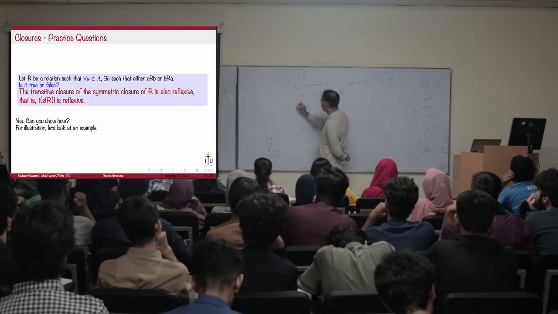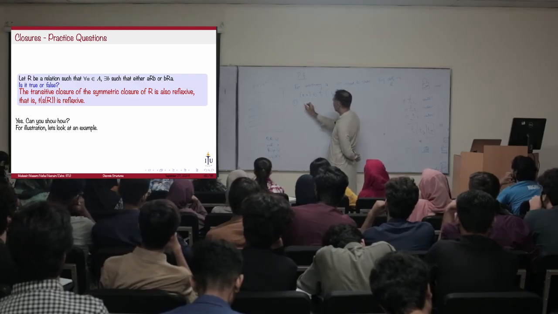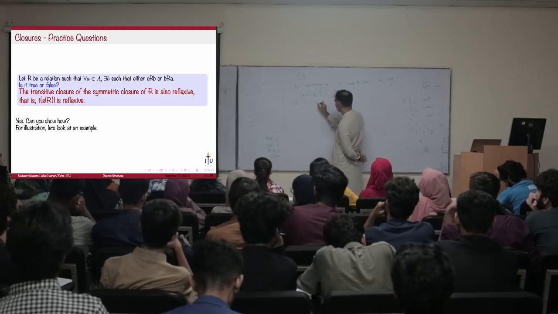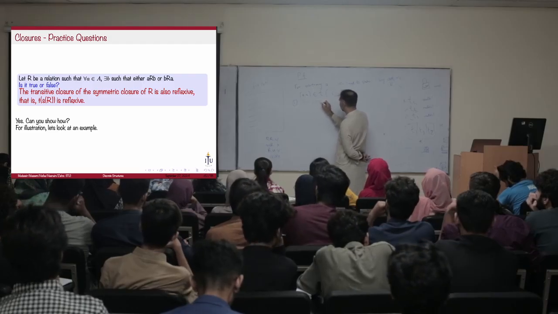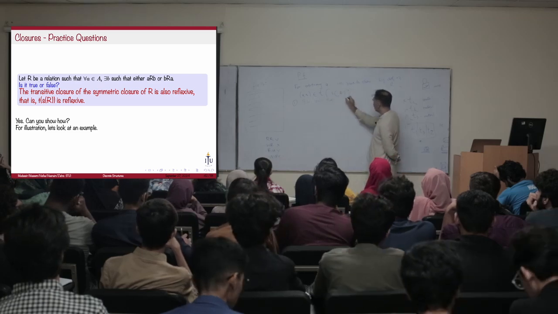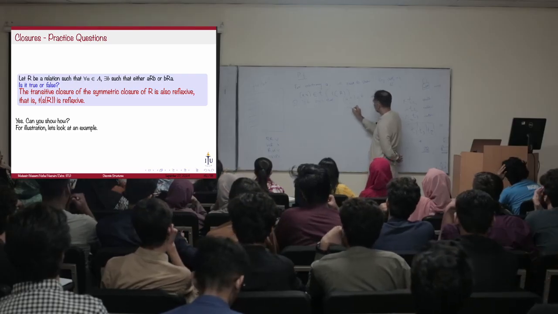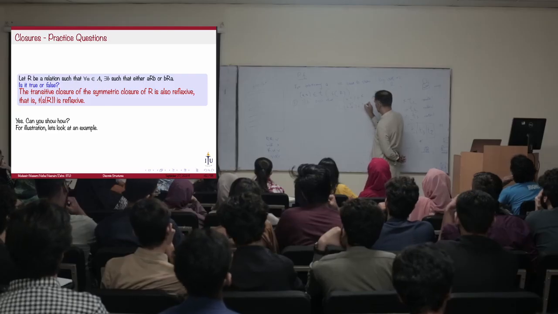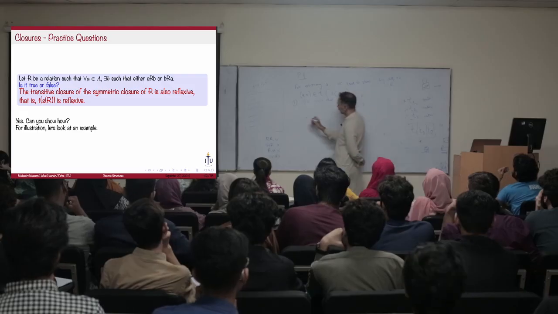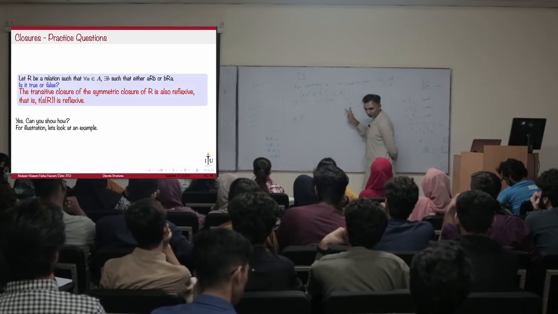So let's start with the definition. It says that there exists B such that (A, B) is in R, or (B, A) is there, right? All right, are we good? So here you have two cases.